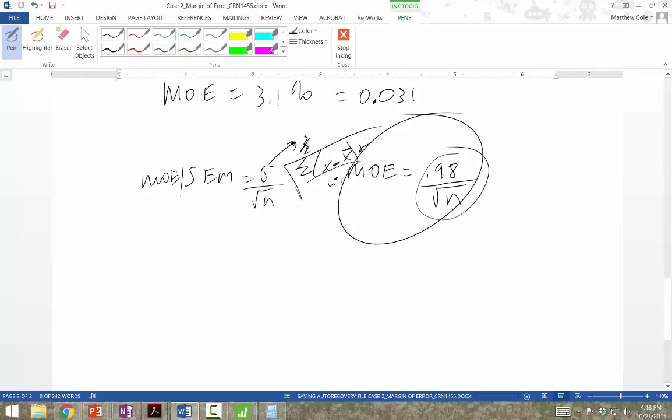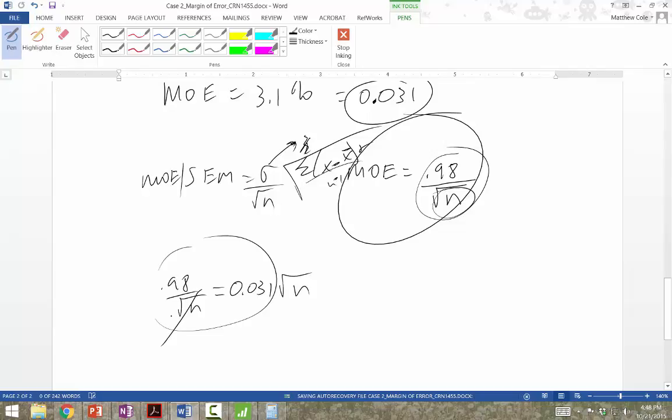All right, but coming back to this. So now we've got that formula. Let's see if we can figure out how big the sample was. Well, we want to solve for n. All right, so we've got our formula, 0.98 divided by the square root of n equals 0.031, right? Because we were given the margin of error was 3.1. Well, we use math. We multiply both sides by the square root of n.